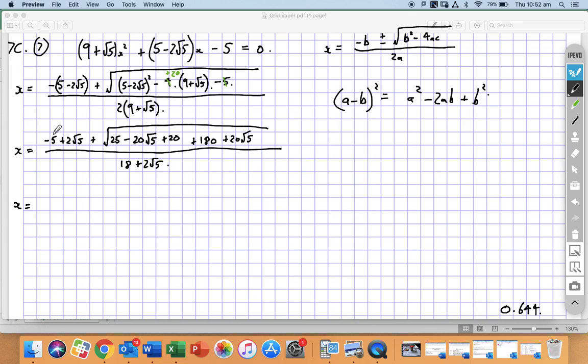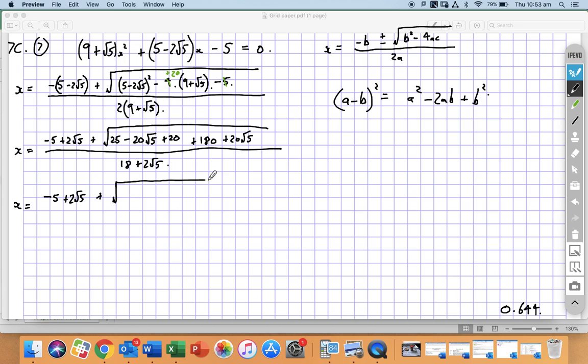Where can we go with this? So we've got minus 5 plus 2 root 5. Just rewrite that for now. All I really want to do is tidy up what's inside the square root at the moment. Minus 5 plus 2 root 5 plus, we've got 25 plus 180, which is 205, plus a 20 as well, 225.